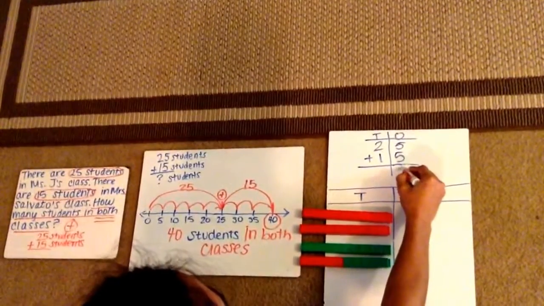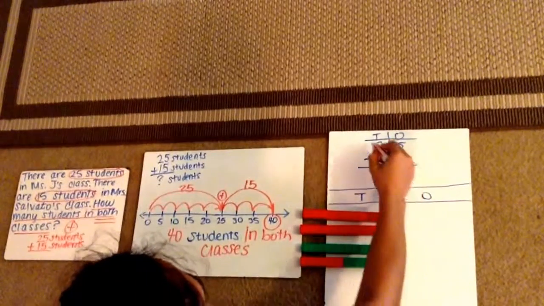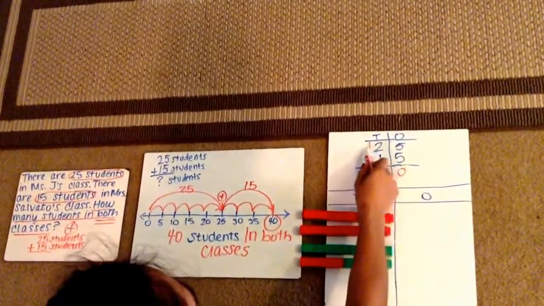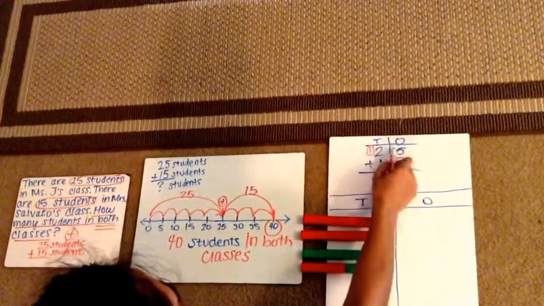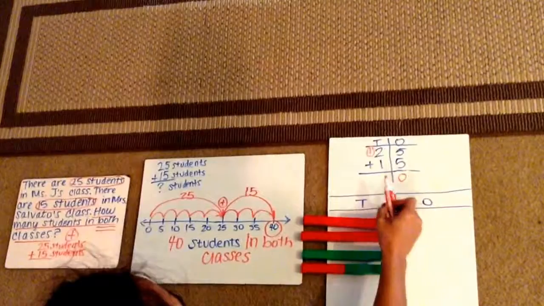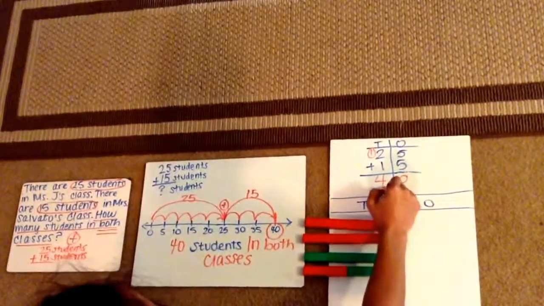So I said 0 units in the ones place. Carried the 1. This is our long that we made. We're going to carry it over. Now we have 4 longs in the tens place.